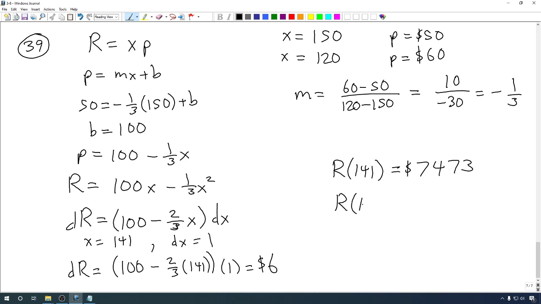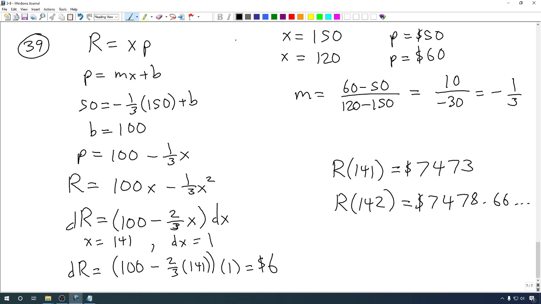And our revenue, if we sell one more unit, again, we have to go ahead and plug that in here. And this time it doesn't actually come out to be an integer like we did here. This came out to be a nice integer because 141 is divisible by 3 nicely. 142 actually isn't. But we get a value of 7,478.6 repeating.